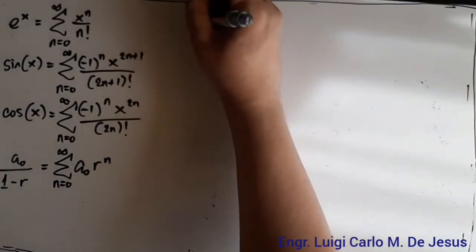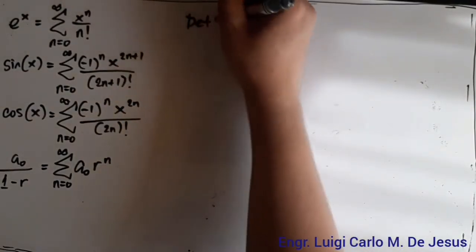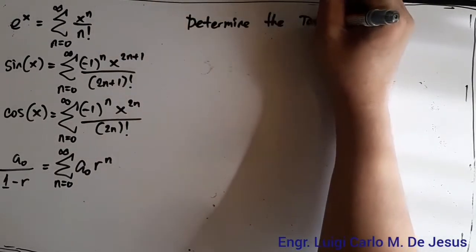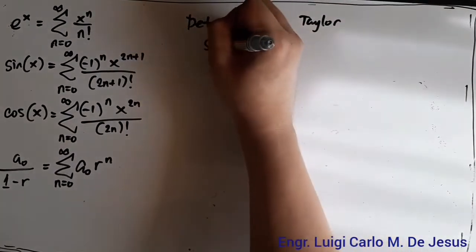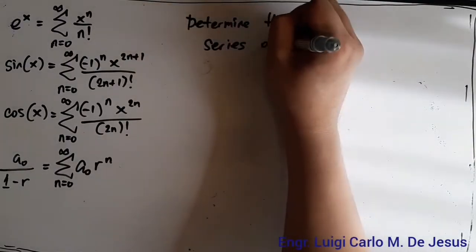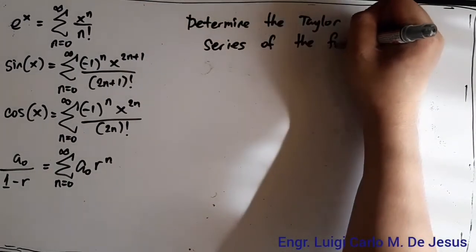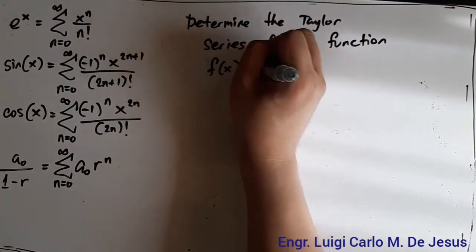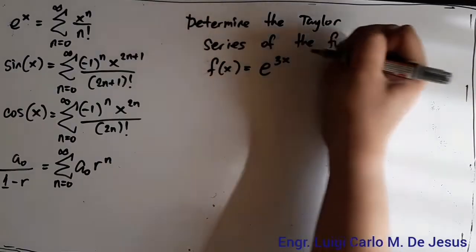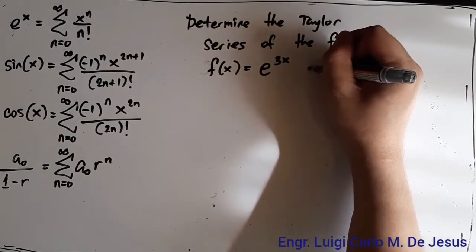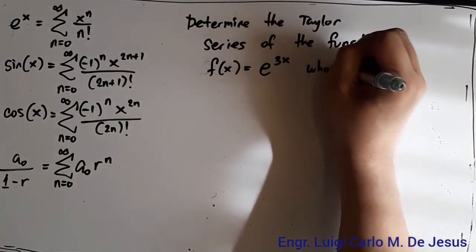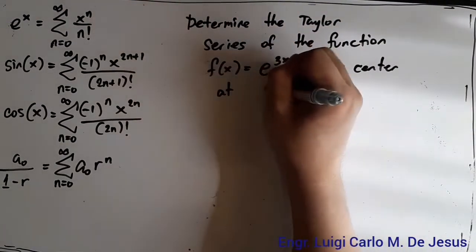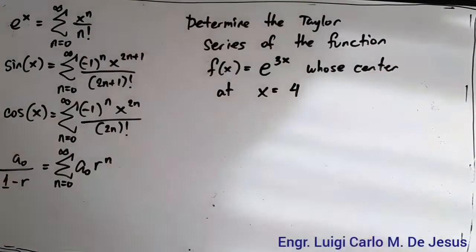Now, what if we are asked to determine the Taylor series of the function f of x is equal to e to the 3x, whose center is at x equal to 4.